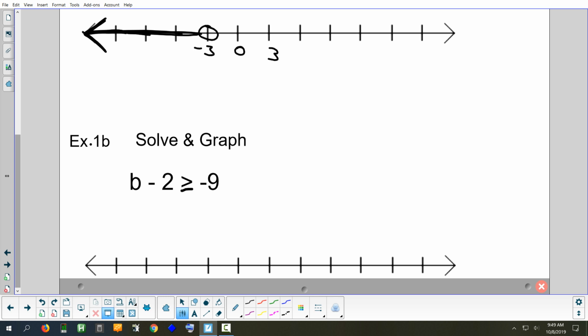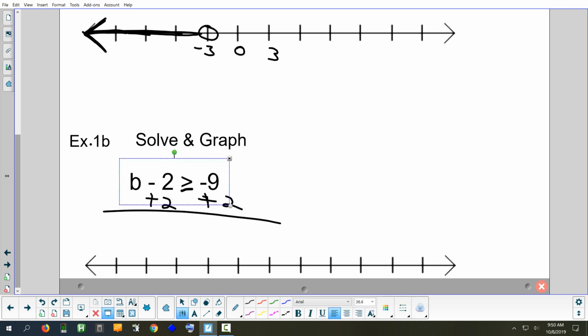Not just specifically in this one, but in any problem, it's ready to graph if the letter's by itself. If the letter's not by itself, it's not ready to graph yet. So how about Leilani? What would I do here to get the letter by itself? Add 2. Yep. I'm going to add 2 on both sides.